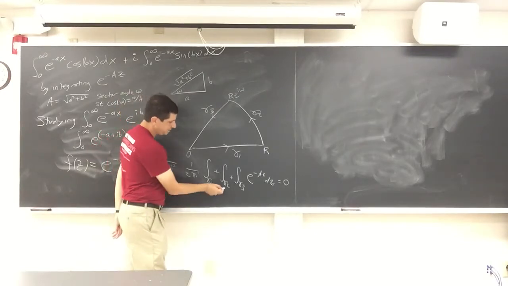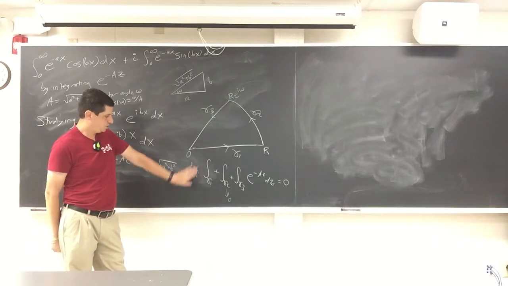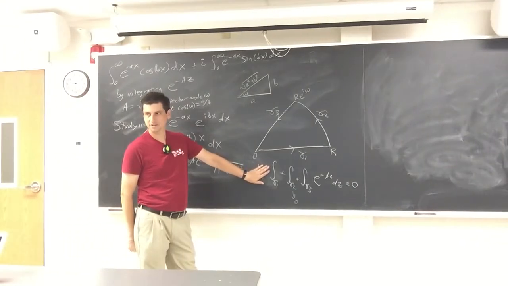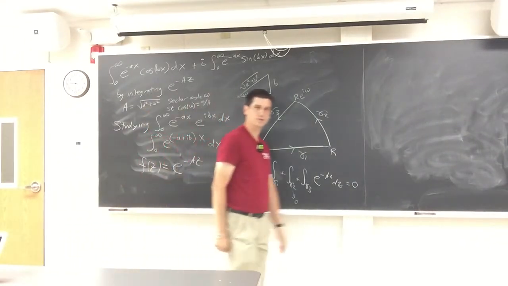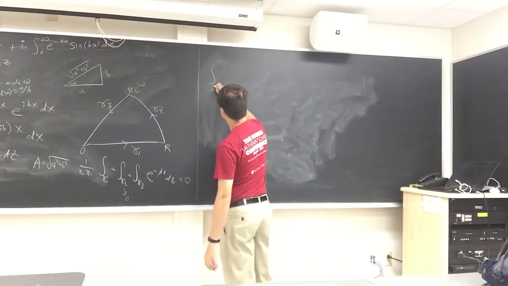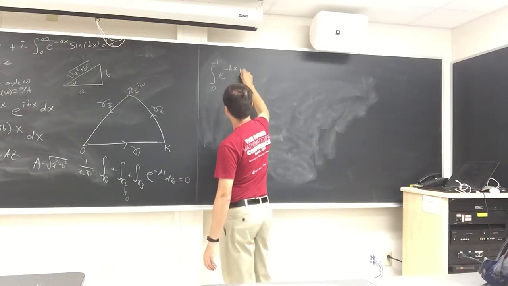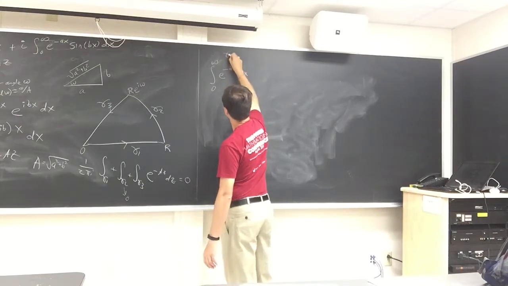And we know in the limit this goes to 0. So we can drop the 1 over 2 pi i, and we're just left with the other two integrals. So we're left with the integral from 0 to infinity of e to the minus ax dx. This is the gamma 1 piece.